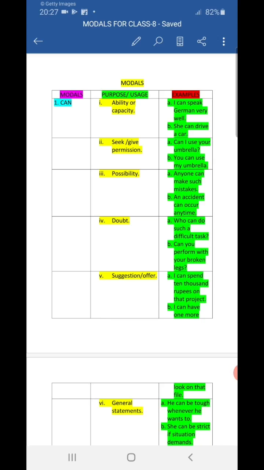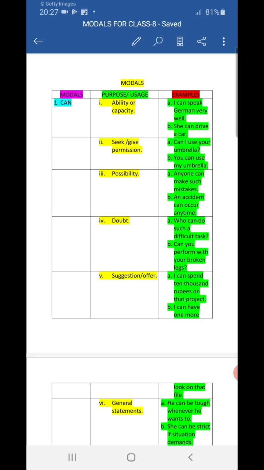So it's my ability, my capacity to speak a language very well. And what can I speak? I can speak German very well. Now, number B, she can drive a car. So, what's her capacity? That she can drive a car.